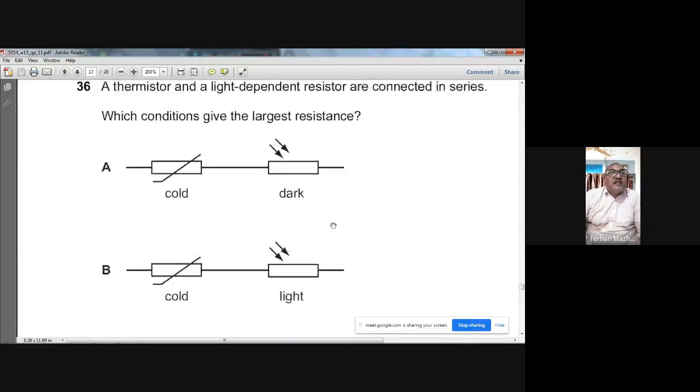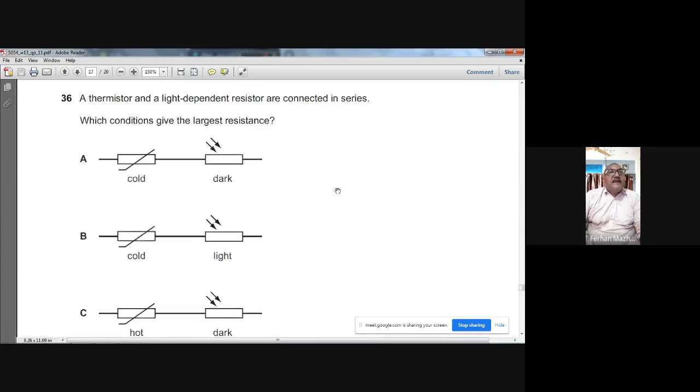Question number 36. He says a thermistor and a light dependent resistor, LDR, are connected in series. Which condition gives the largest resistance? The thermistor will have the largest resistance when it is in cold conditions, and the LDR will have the largest resistance when it is in dark.